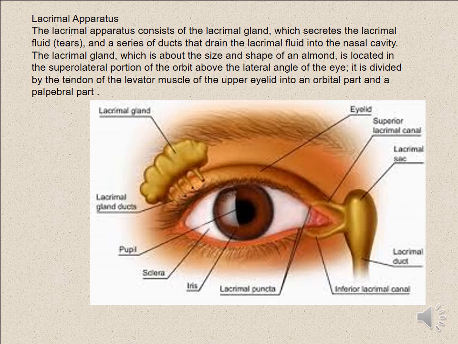The lacrimal gland is divided into two parts in relation to the superior levator muscle: the orbital part inside the orbit and the palpebral part.